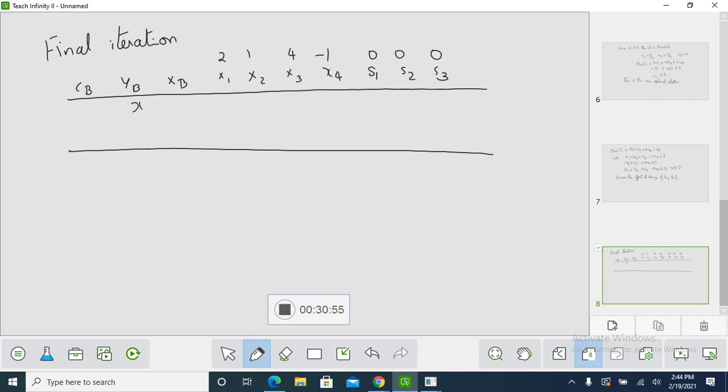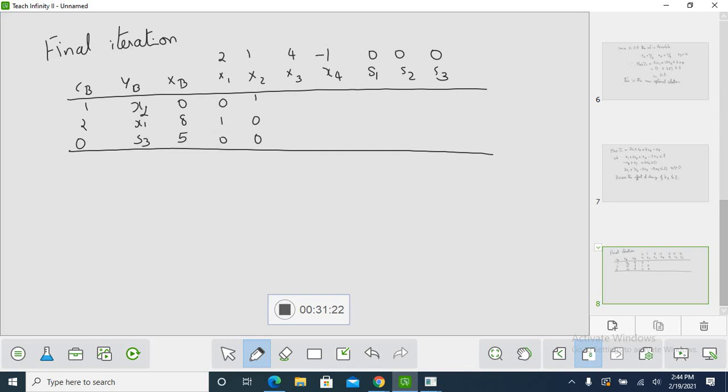The basic variables would be x2, x1, and I will still have S3. For x1 cost is 2, for x2 it is 1, and under XB the values are 0, 8, 5. Then I have 0, 1, 0, 1, and 0, 0.